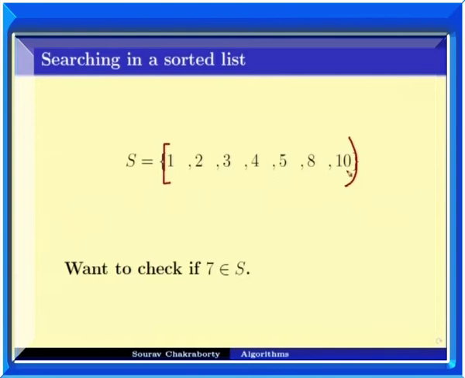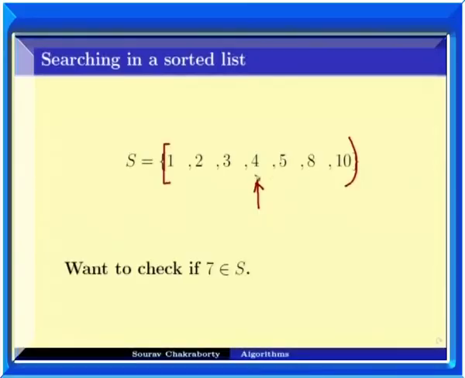7 by 2 is 3.5. So, we go to the fourth element, which is 1, 2, 3, 4, and we check this fourth element, and we ask is 7 greater than this number or less than this number. Now, in this case 7 is greater than this number. Since the list is sorted, if 7 at all occurs, it must occur to the right of this number.